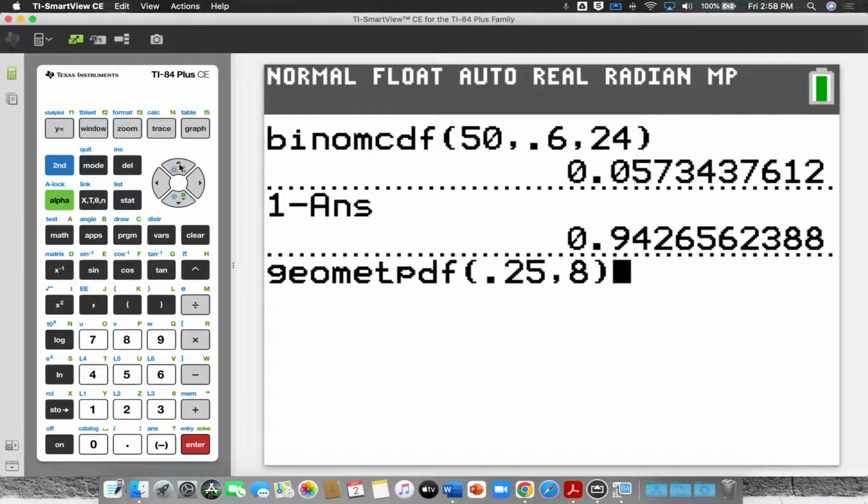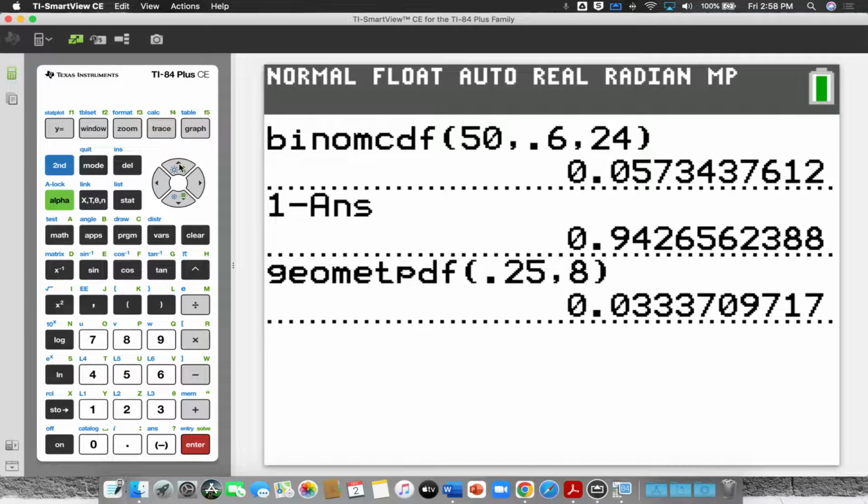Hit enter, and there's my probability. 0.033. The probability that the first 7 are losers and the 8th is a winner is around 3%. Pretty low.